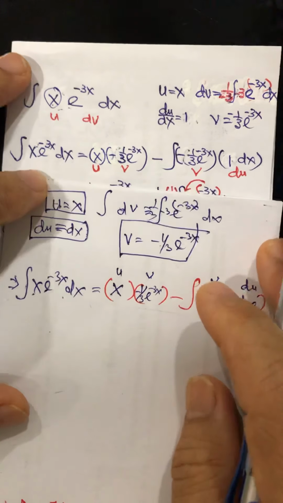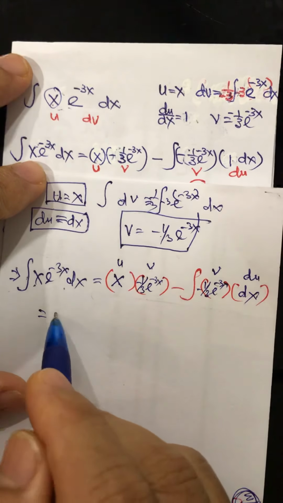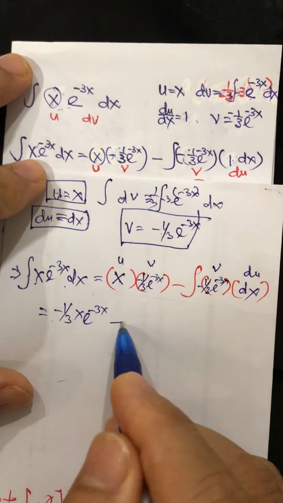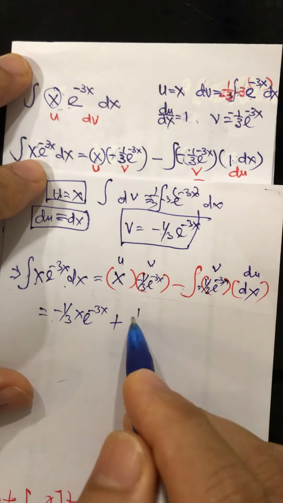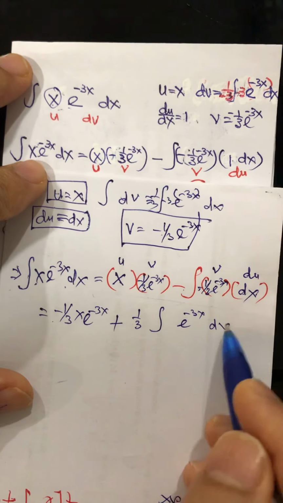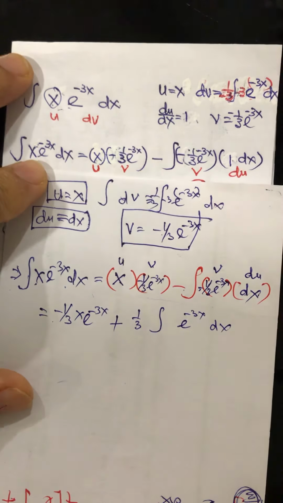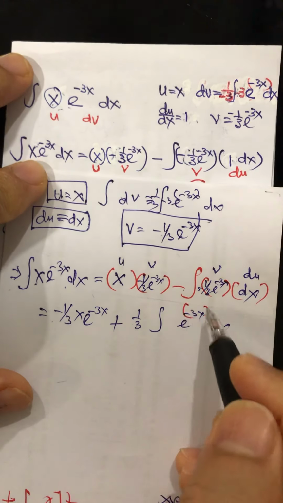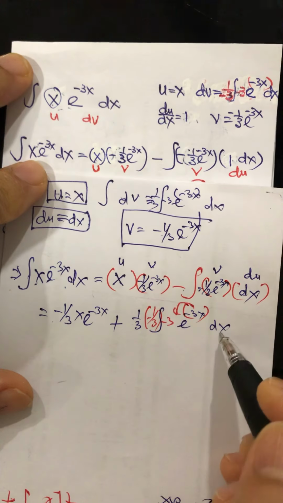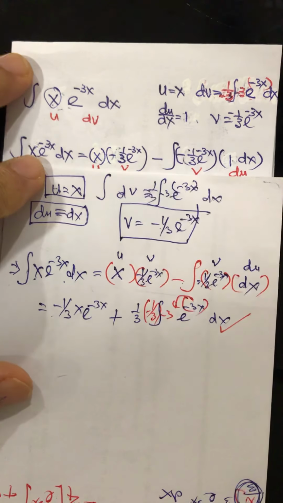Therefore you will come to this: negative 1 over 3 x e to the negative 3x, minus negative, becomes plus 1 over 3, and then here you have e to the negative 3x dx, isn't it? Correct? Then after that you bracket here, you differentiate here, negative 3 times negative 1 over 3, so this is correct because you add only a constant.